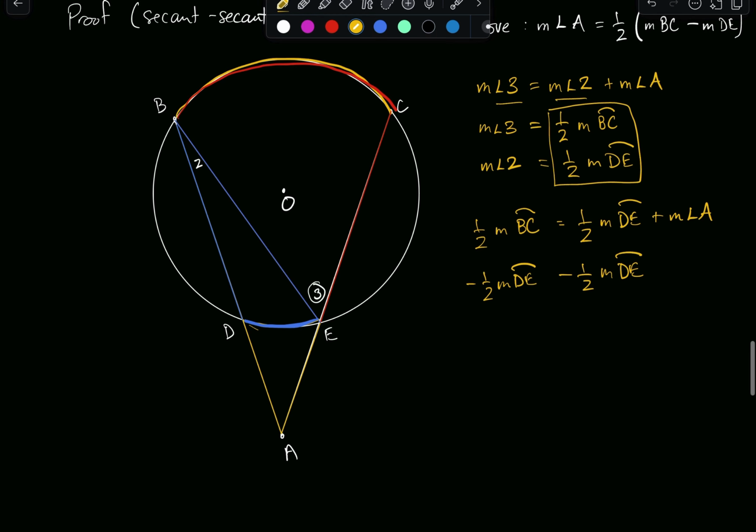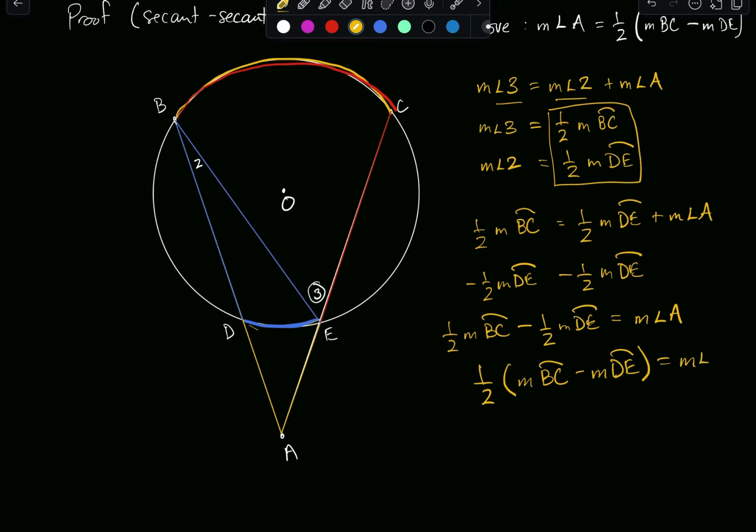That leaves me with 1/2 the measure of BC minus 1/2 the measure of DE equals the measure of angle A. And again, I can factor out the 1/2, and I get what I was looking for.